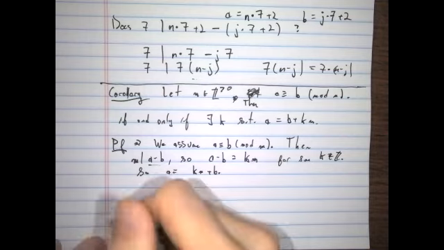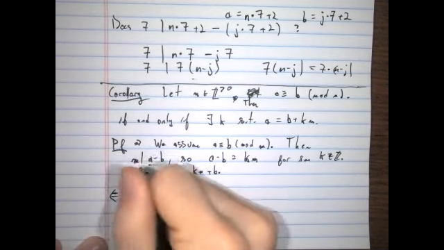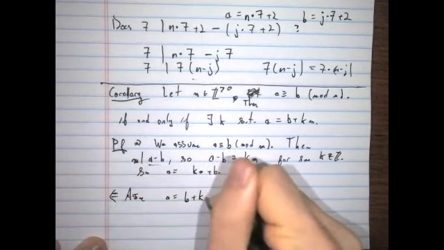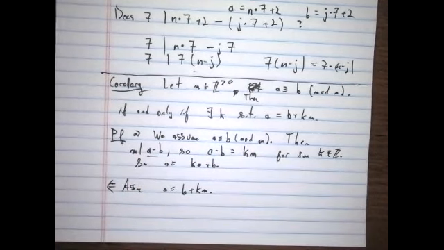Okay, let's prove the other direction. Assume A is equal to B plus Km. Now what? Just go backwards, right, that's true.